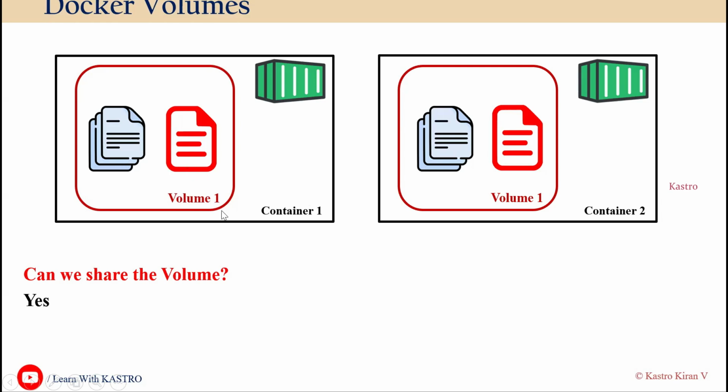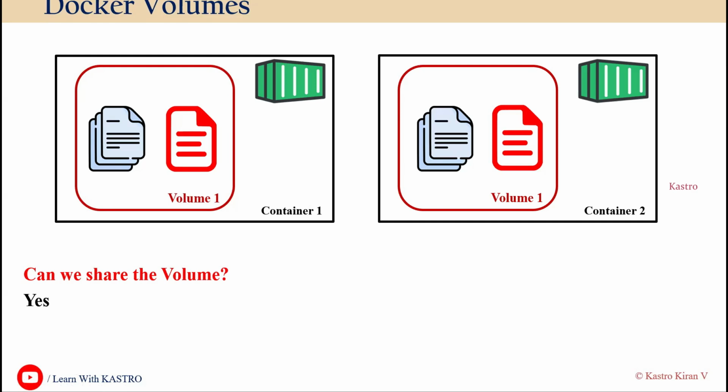Suppose in container 1 volume 1, I create some extra files. Will they get replicated in container 2 volume 1? Yes, they will get replicated. Why? Because I am sharing the volume here. This is because the volume is the same and it is shared between both the containers.